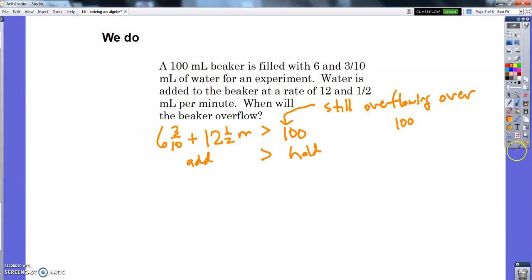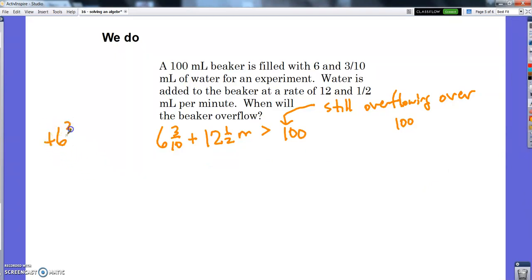That's overflowing. All right, and now my steps to solve are going to be just like they would be with an equation. I have plus 6 3/10, and I have times 12.5. So I'm going to do the inverse of those in reverse GEMS order. So the first thing I'm going to do is subtract 6 3/10 because that's already in there. So I may as well take that off my 100.